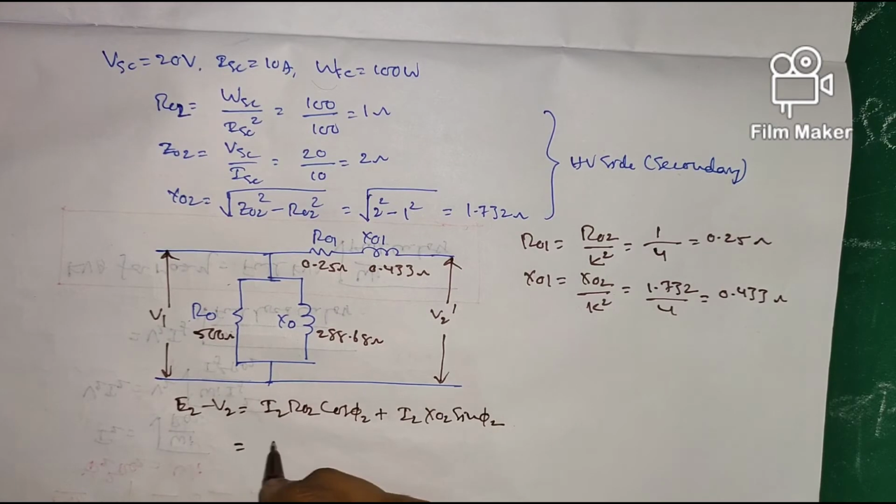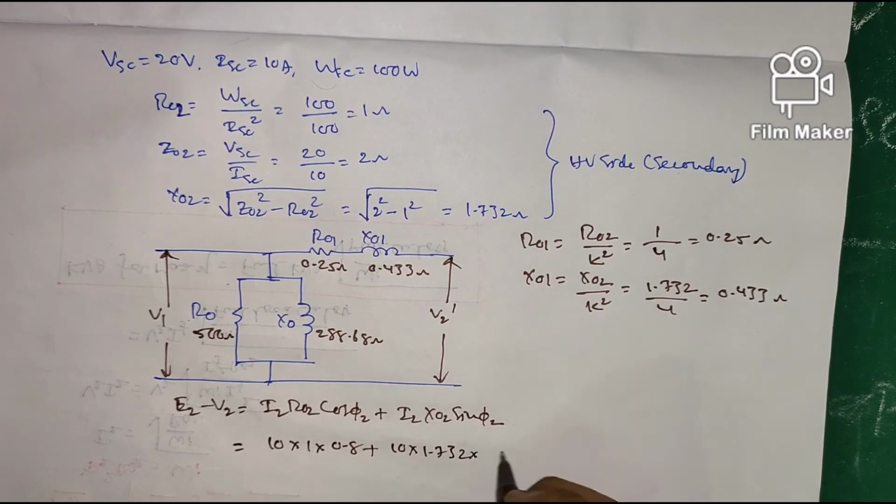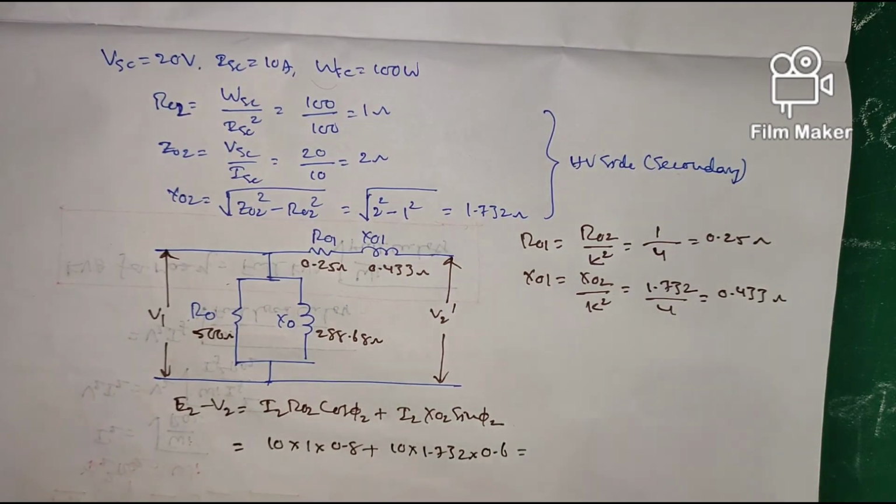This is equal to I2 is 10 amperes we are given, and the value of R02 is 1 ohm, cos phi 2 is 0.8, plus 10 into X02 is 1.732 ohms, and sin phi 2 is, if this is 0.8, sin phi 2 becomes equal to 0.6, and if we simplify this we get a value of 18.4 volts.